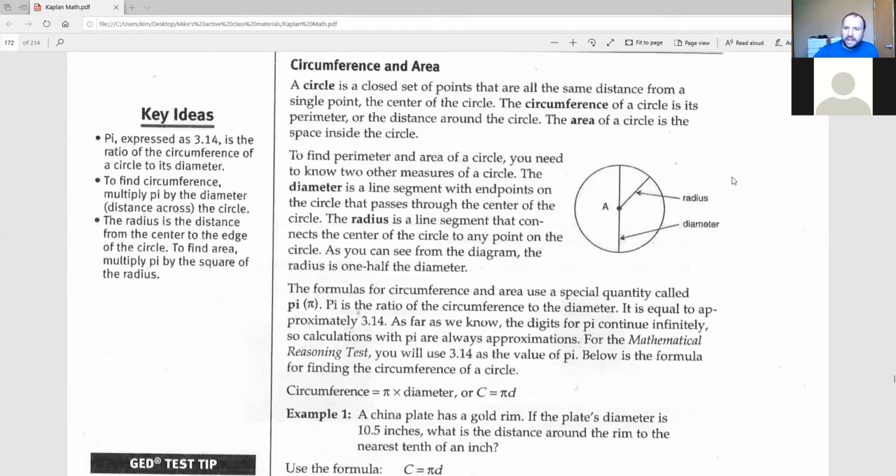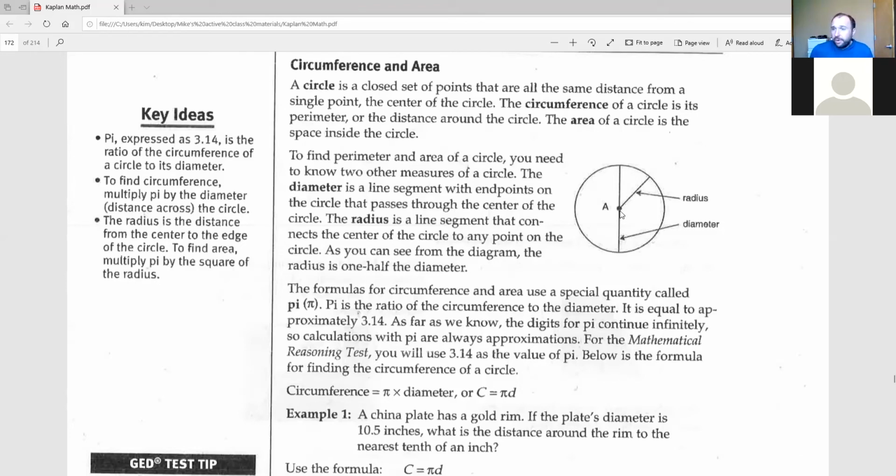So this little diagram over here shows us the difference between radius and diameter. And you might already know this, so some of this might be review, and if that's the case, then just bear with me. Radius is the distance from the center point to the outside of the circle, right? Whereas the diameter is the distance all the way across the circle through the center point.